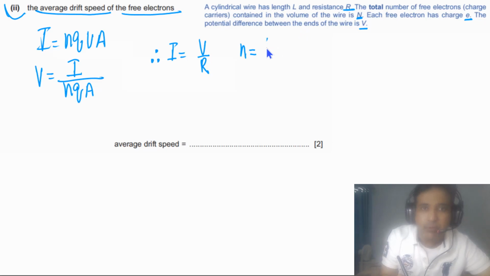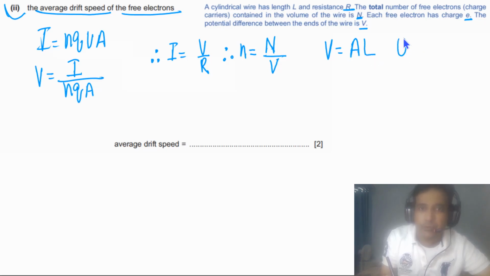So we have the total number of charge carriers divided by the volume of the wire. So this is the number density, and Q in this case is equal to e. So we are left with A, the cross-sectional area of this wire. The volume V has to be equal to the cross-sectional area of the wire times the length of the wire.